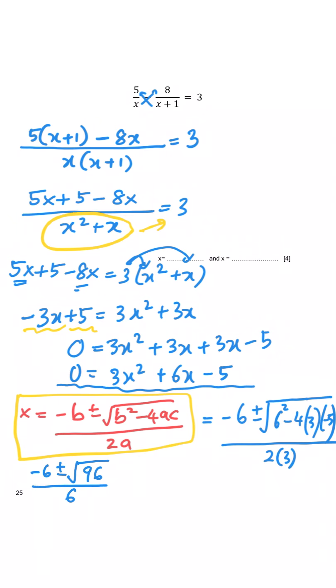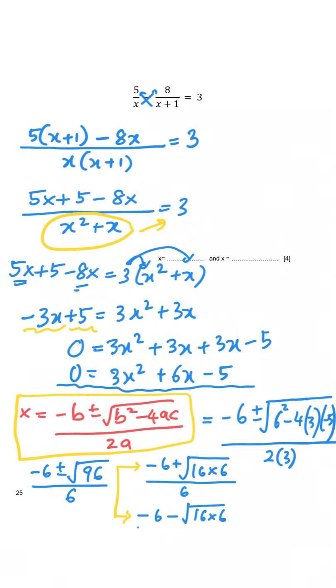Okay, so this is where it's going to split. One is plus and then the one is minus. Okay, so negative 6 plus, this 96 is 16 times 6, all over 6. Negative 6 minus, we have plus just now, so now it is minus 16 times 6.